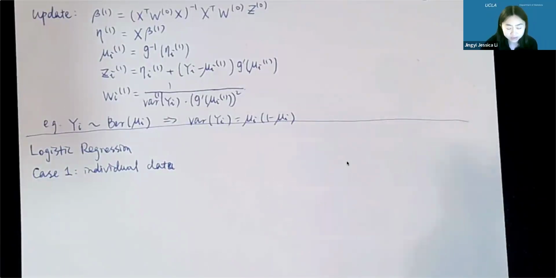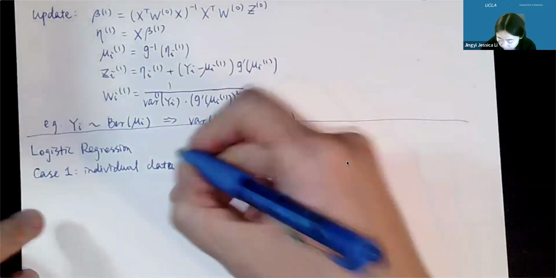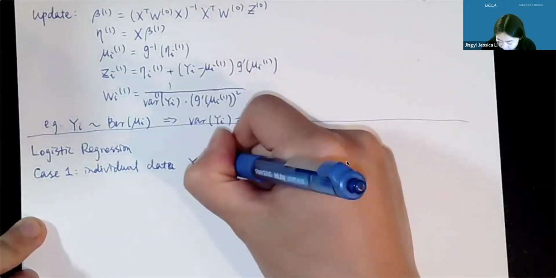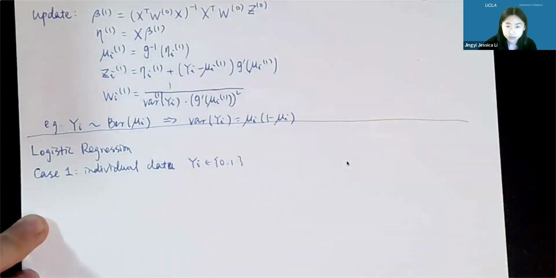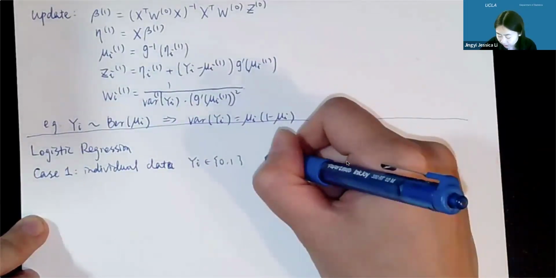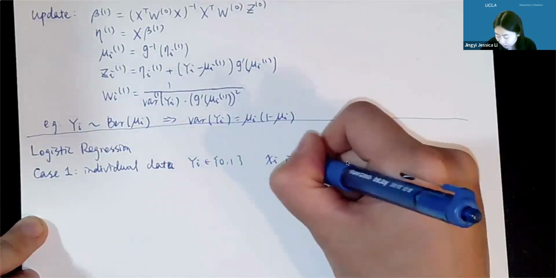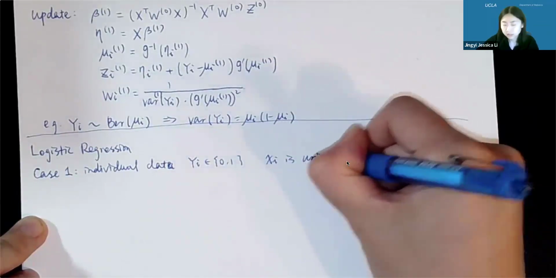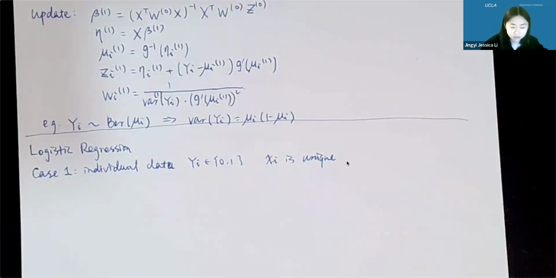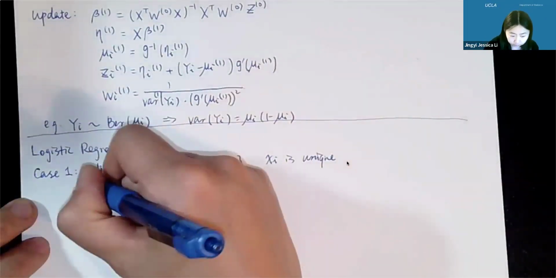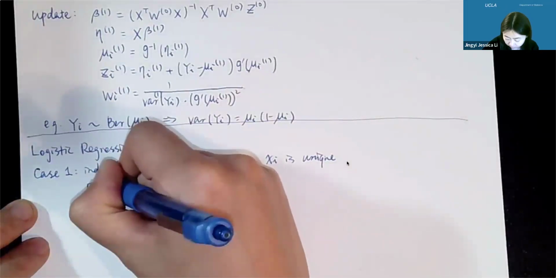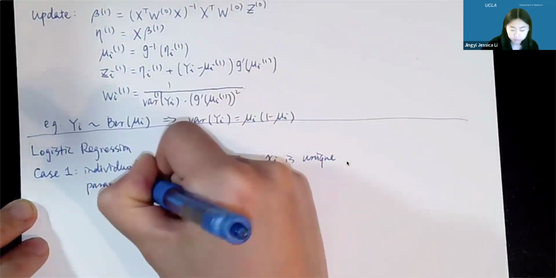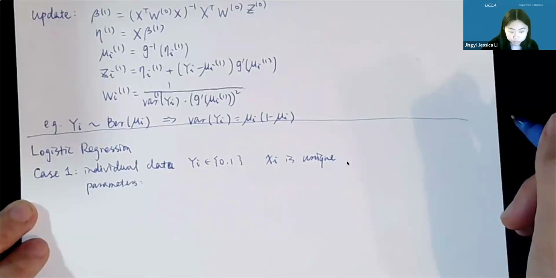But for individual data, each yi has its own different xi. So in this case, we have yi binary, and their xi is unique. It doesn't share the same covariate vector as other observations. So here are the parameters. We have Bernoulli.